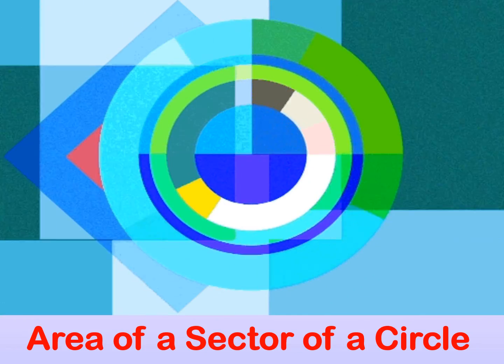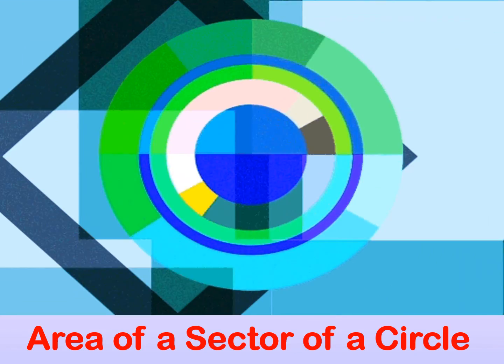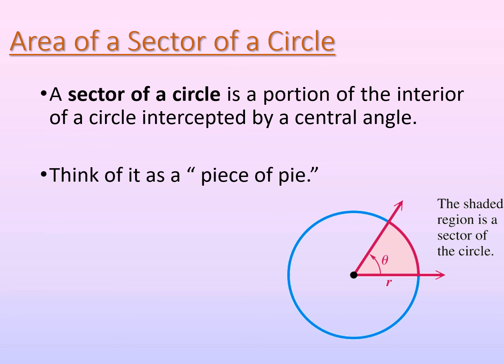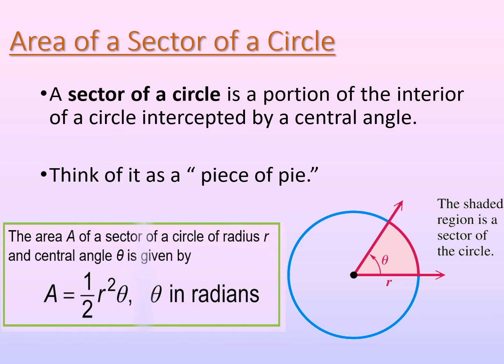Now let's move on to the area of a sector of a circle. A sector of a circle is a portion of the interior of a circle intersected by a central angle. So think of it as a piece of pie. So as you can see, it's like a pie, okay? A piece of pie. The shaded region is a sector of the circle.